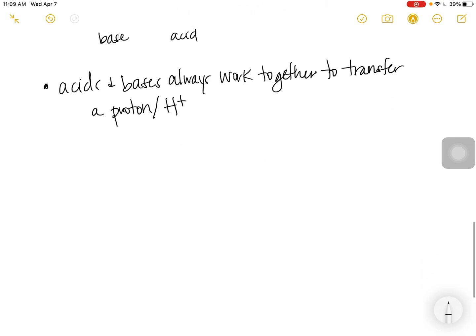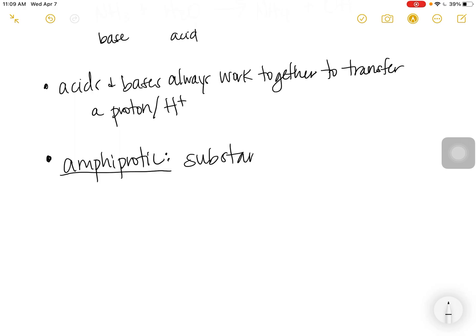And then the second point that I want to make is a vocab word, which is the word amphiprotic, and that is a substance that can act as both an acid and a base in certain scenarios.